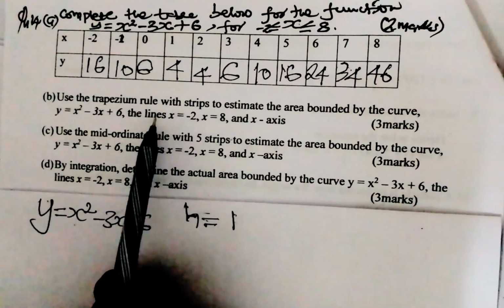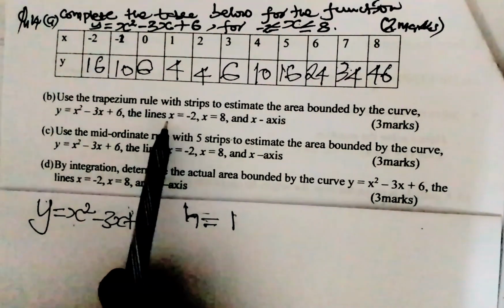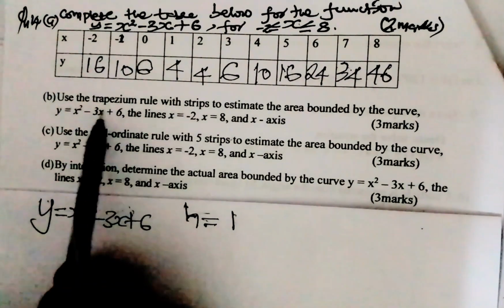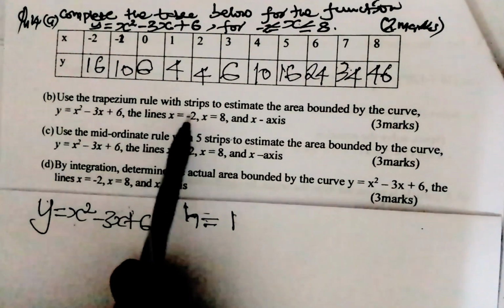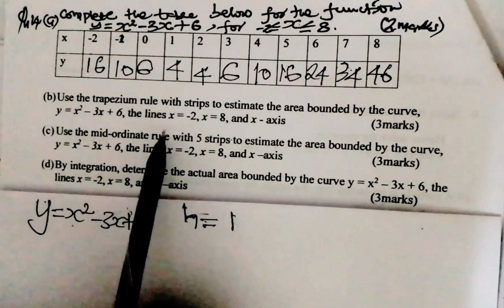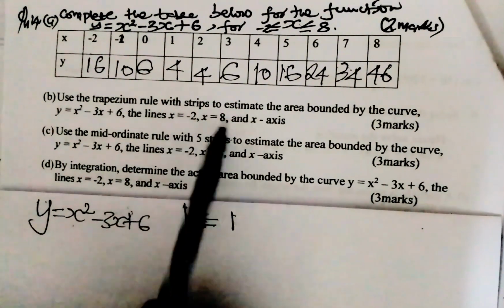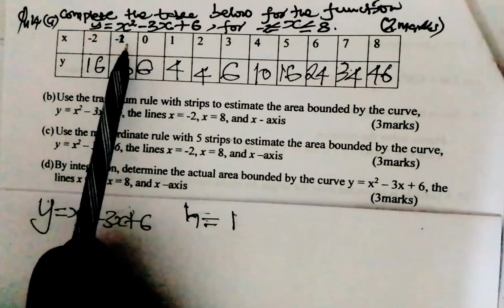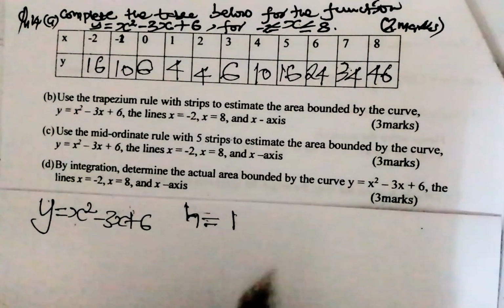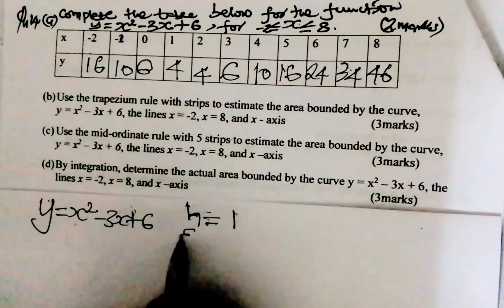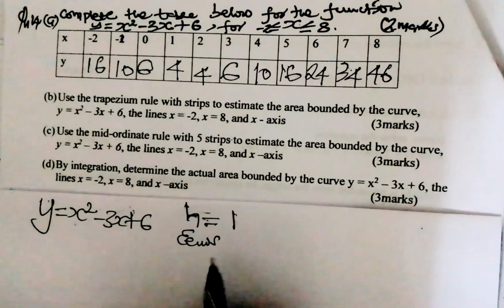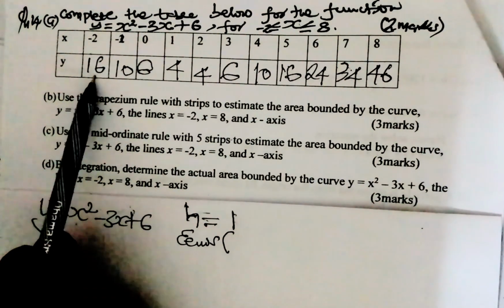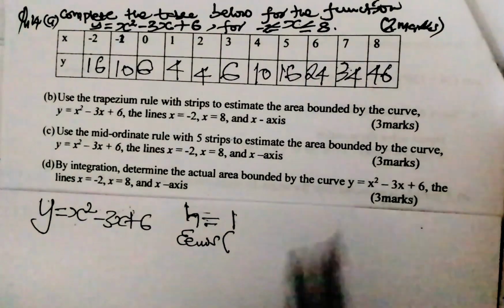So I'm going to use as many strips as possible, because the more strips you have, the more accurate your working will be under the trapezoidal rule. So the height of every strip will be at an interval of 1, and then I'm going to get the ends. At -2 we have 16, and at 8 we have 46.